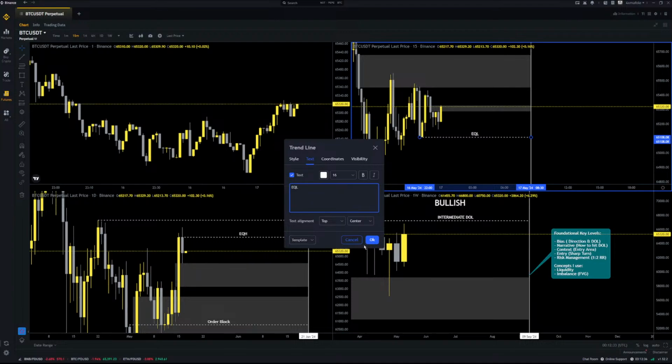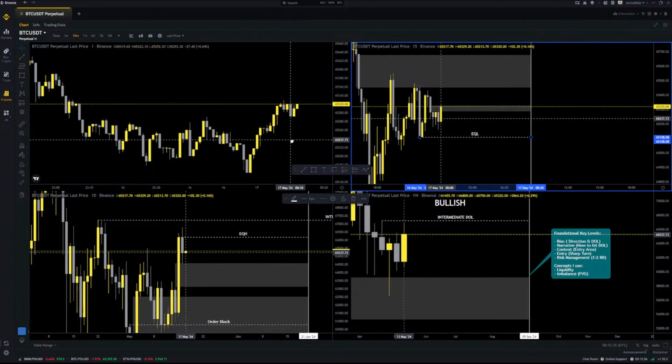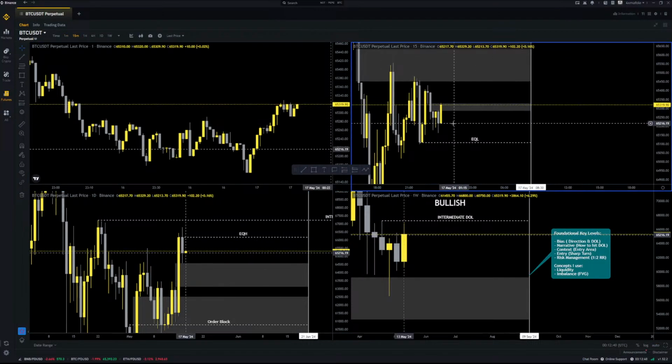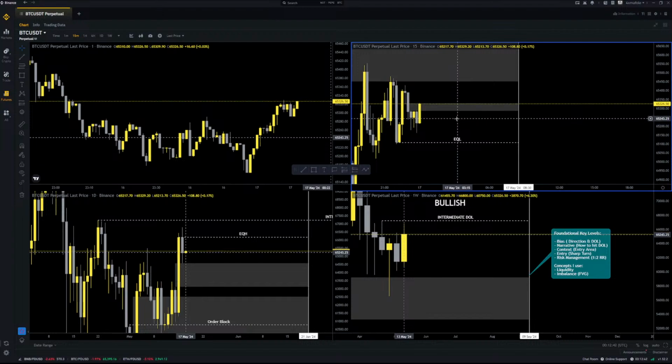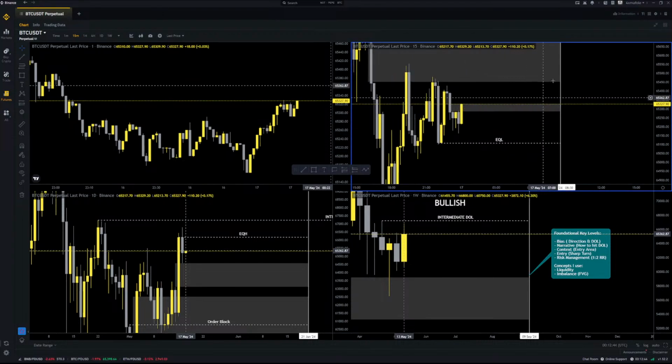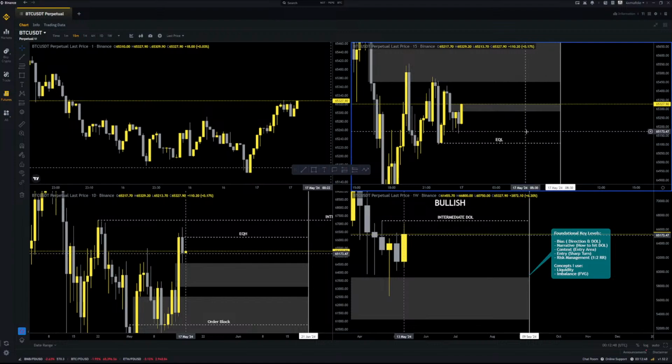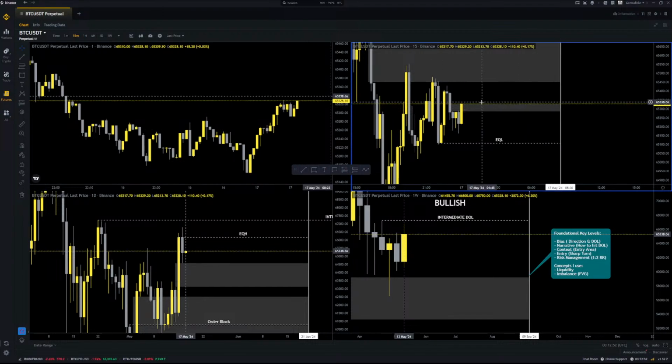If we come onto this with the price line, it's okay. Which is kind of beautiful.